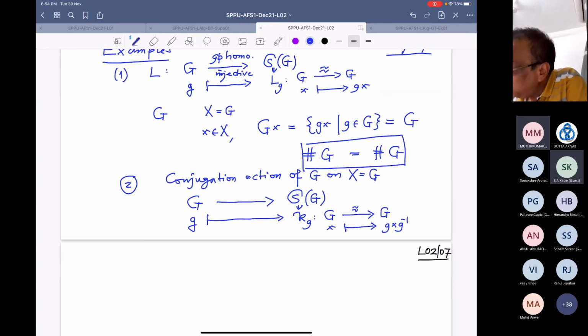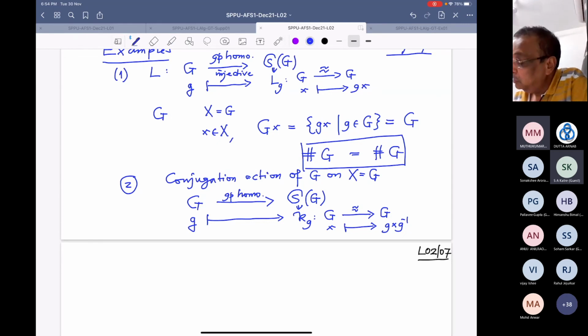And in this case also it so happens it is a group homomorphism. No big deal. An action homomorphism is always a group homomorphism. And actually this conjugation by g is not only a bijective map, but actually it is an automorphism.